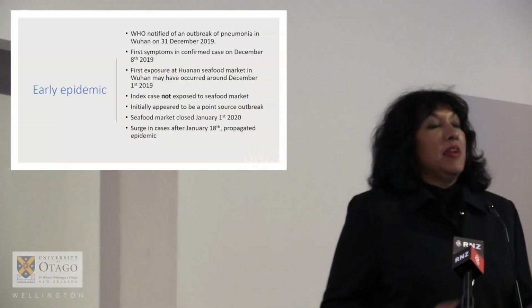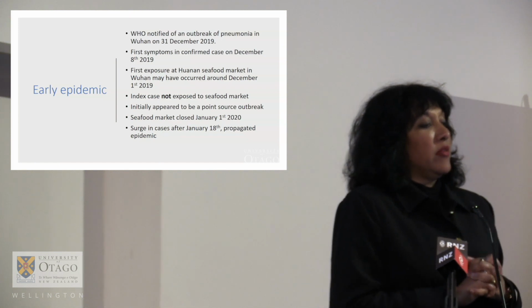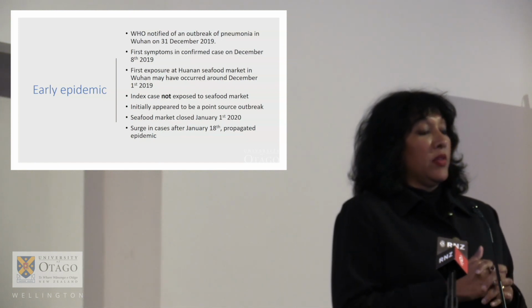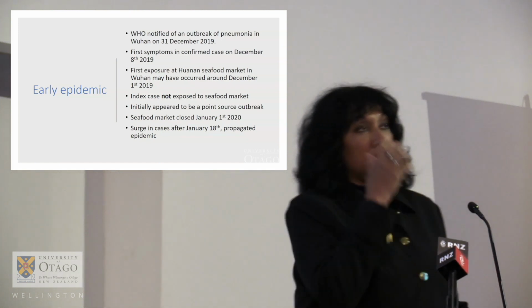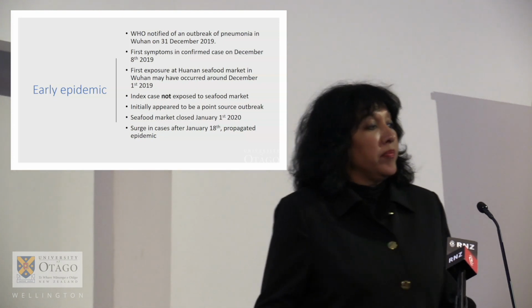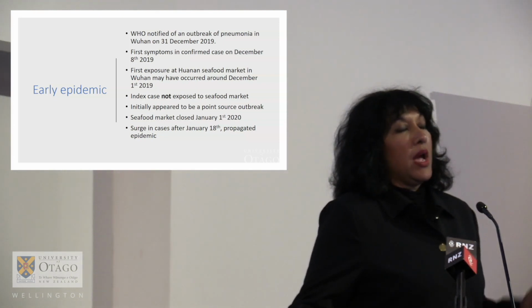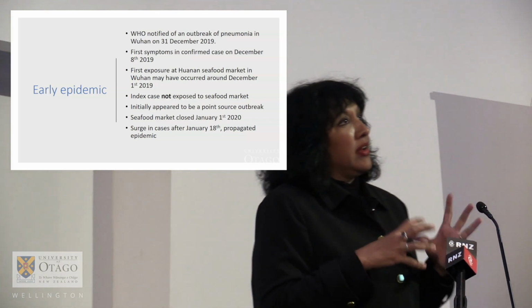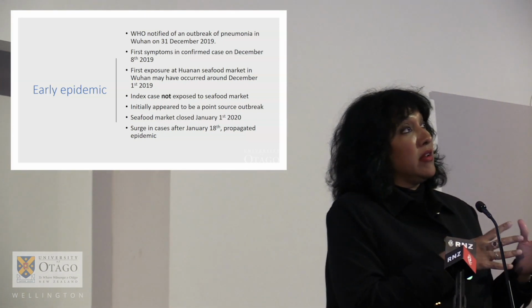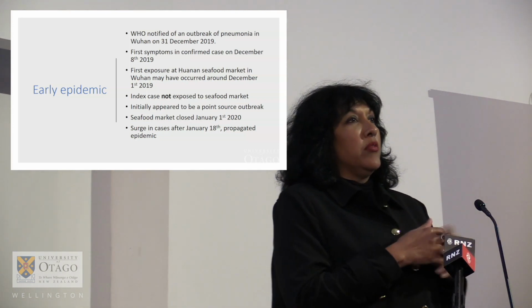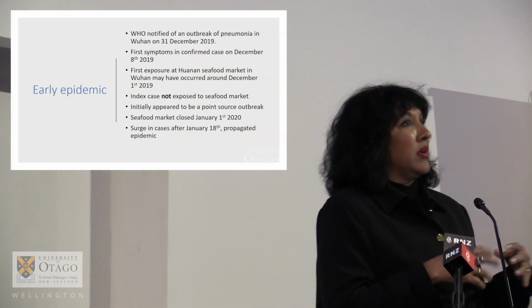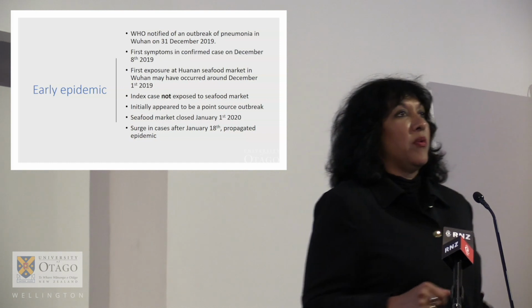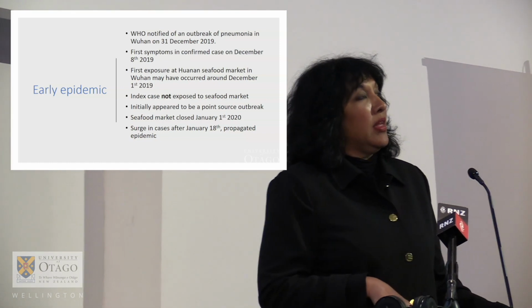So early in the epidemic, the WHO was notified of an outbreak of pneumonia in Wuhan on the 31st of December 2019. Apparently what happened was that the local health authorities identified the outbreak very early in December, and what you've heard about in terms of trying to keep it quiet and so on, that was mainly the local health authorities.